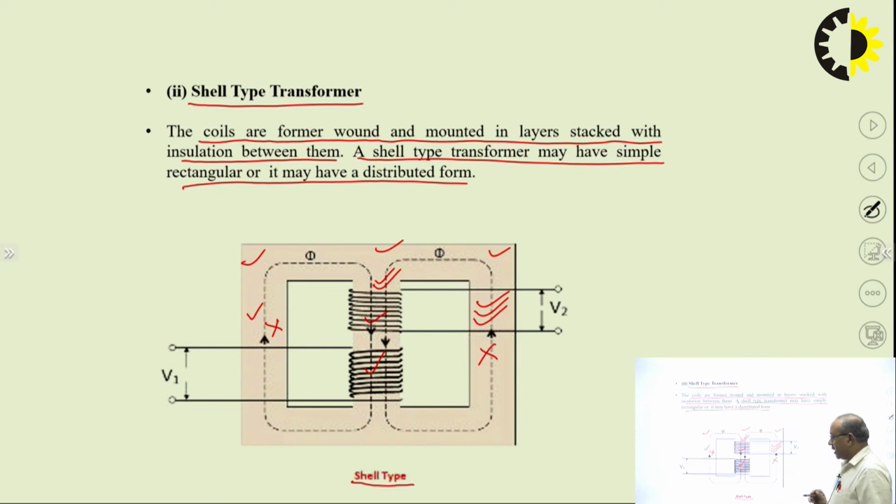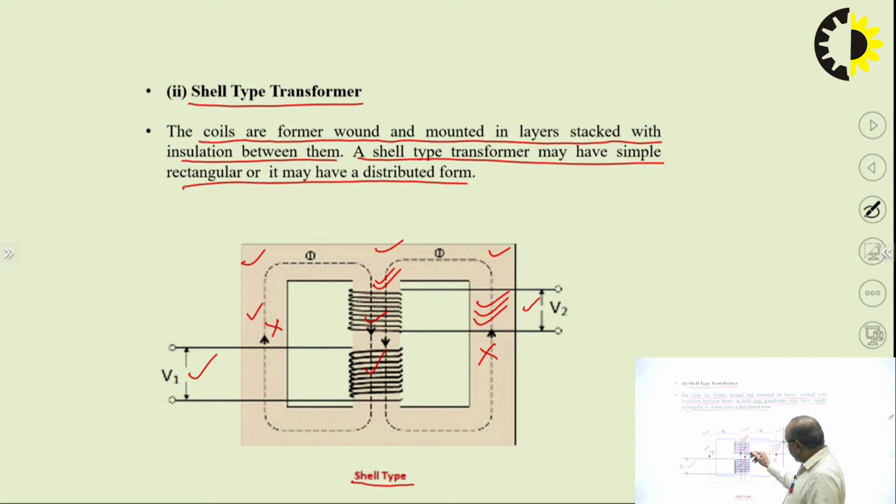Now, this is the primary winding, since V1 is the voltage on primary connected across the primary winding and V2 is the voltage across the secondary winding, with the help of the principle of mutual induction that we have already discussed in the starting. Now, what will happen here?